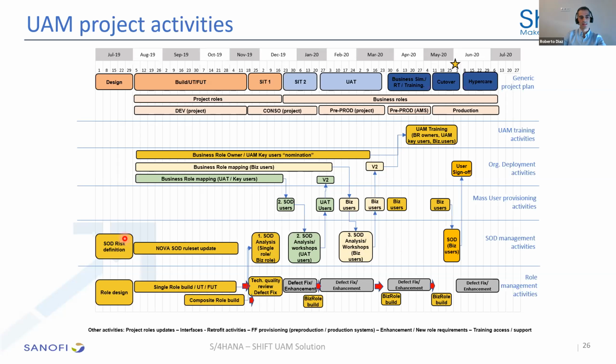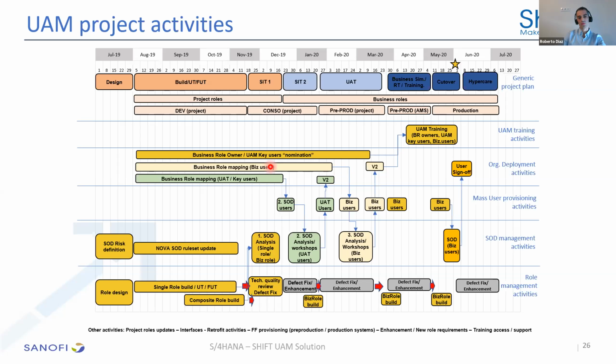So just after the role design is finished, our local change management team can start the mapping of the business roles to their users, to the organization. So we start first with the key users, who are going to be involved in the UAT. This is our first priority, and the second priority, we focus on the rest of the end users.